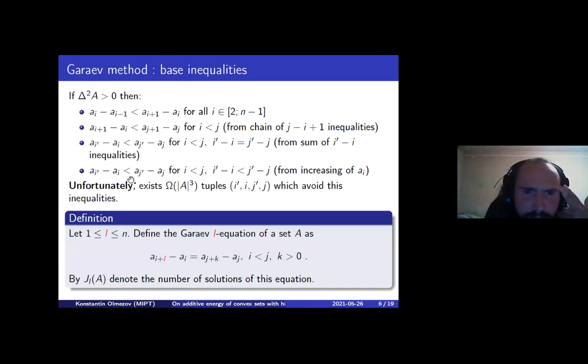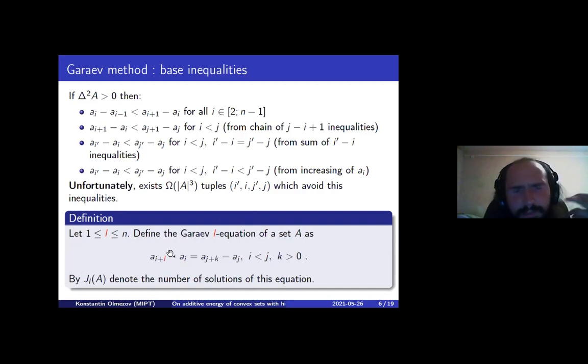This inequality provides some avoiding of tuples that should be indexes of elements in solutions of the equation from the definition of additive energy.